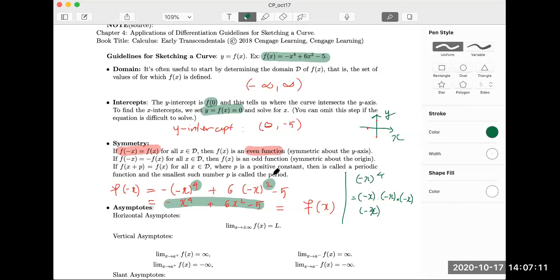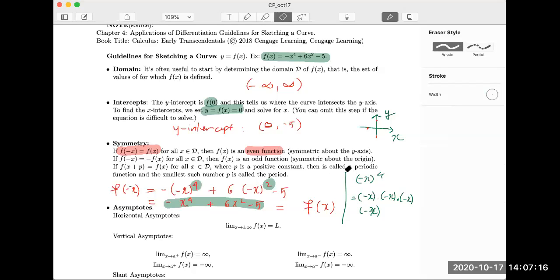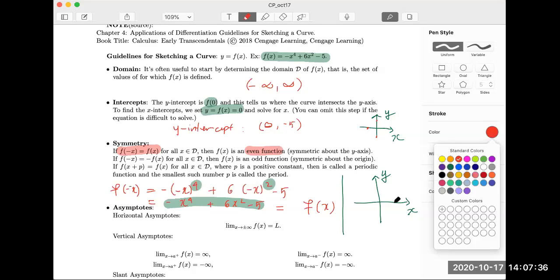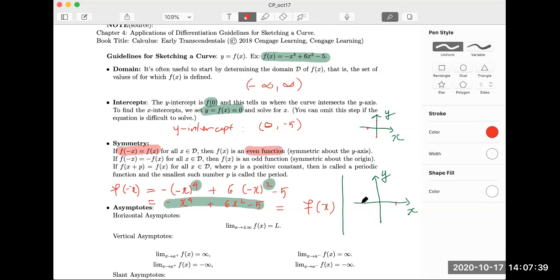So, very good. Then we see that f of negative x is equal to f of x. It means that the property of an even function is that it is symmetric with respect to the y-axis. For example, if this is the coordinate, for any value of x here and the negative value of x here, they will have the same value on the y-axis, right?